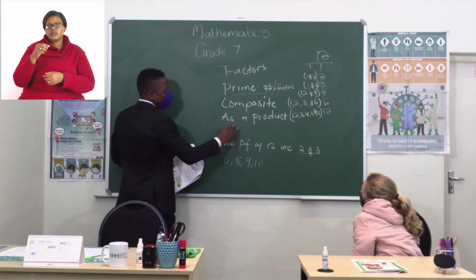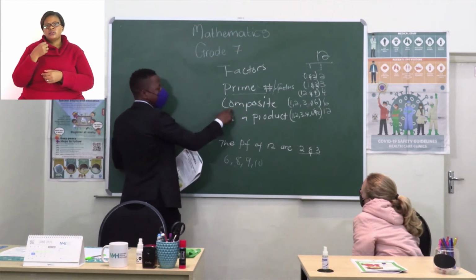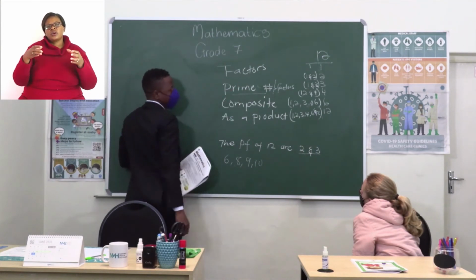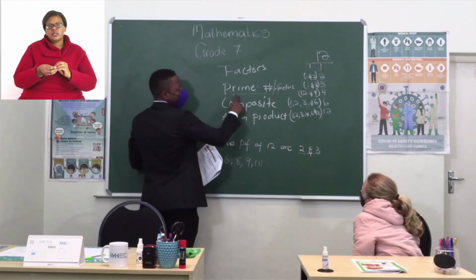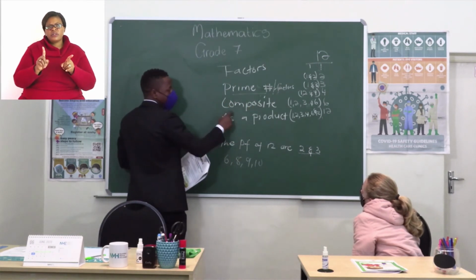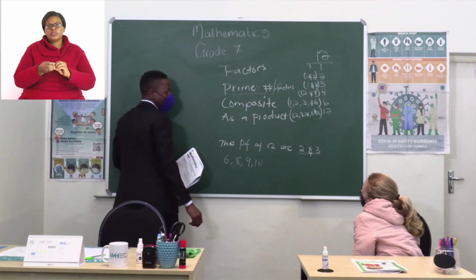So composite numbers are the opposite of prime numbers. The prime numbers have got two factors. The composite numbers have got more than two factors.